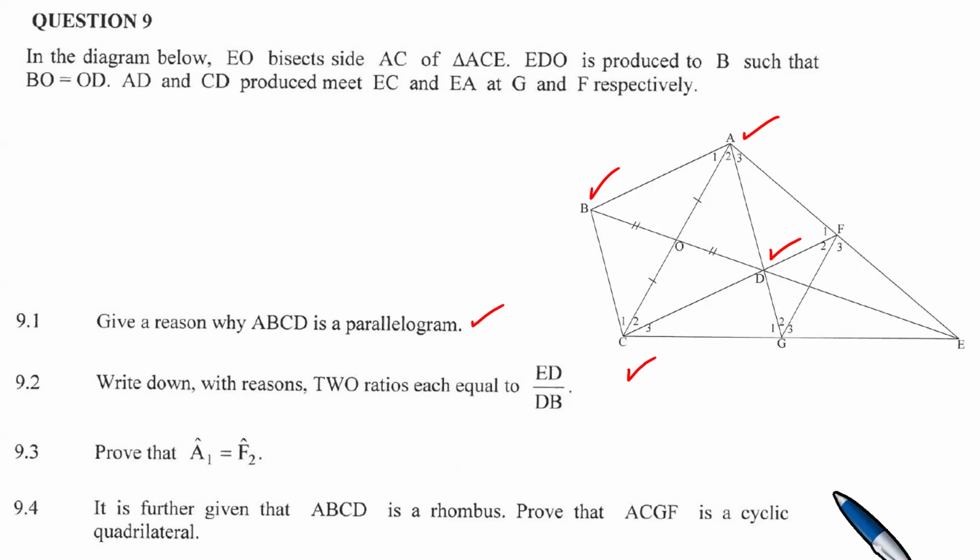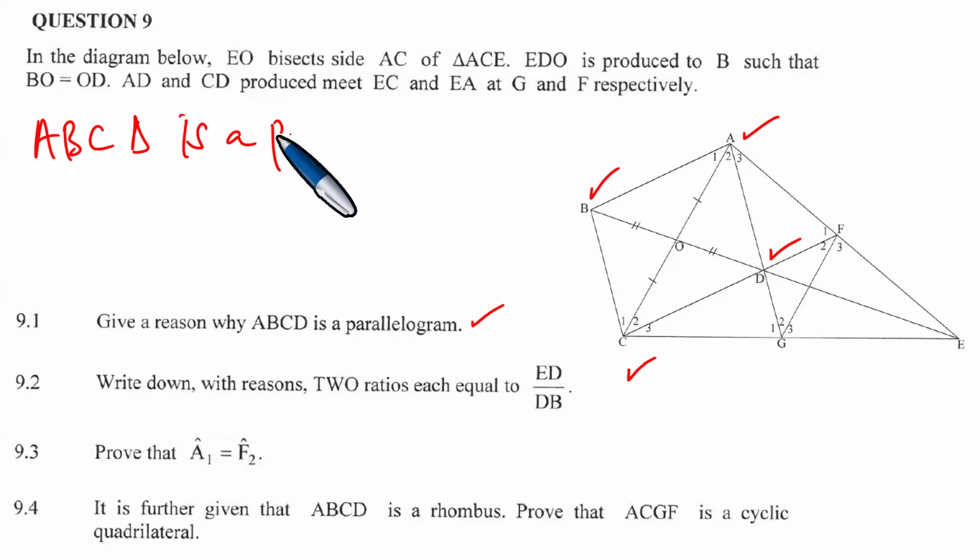Why is this? What property of a parallelogram does this diagram here satisfy? Why is ABCD a parallelogram? It is a parallelogram because the diagonals of the quad bisect each other.